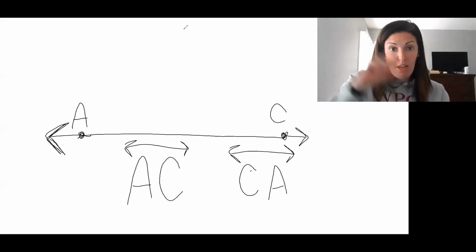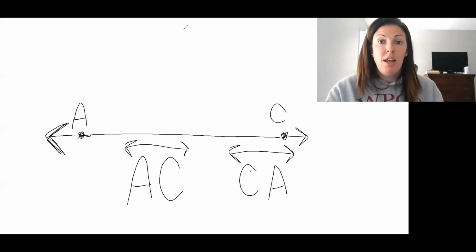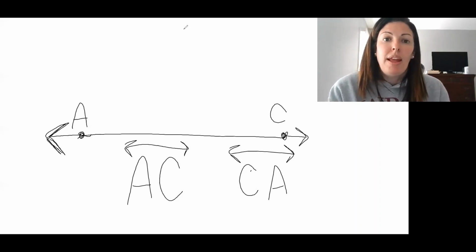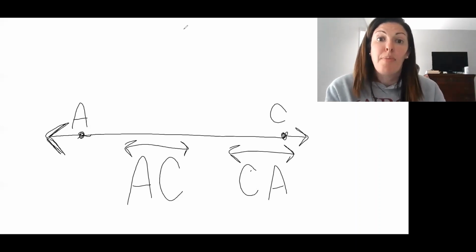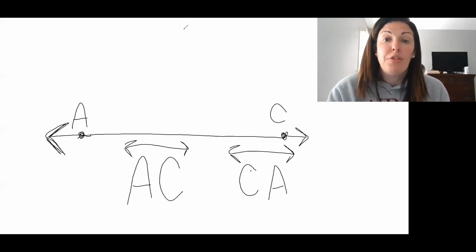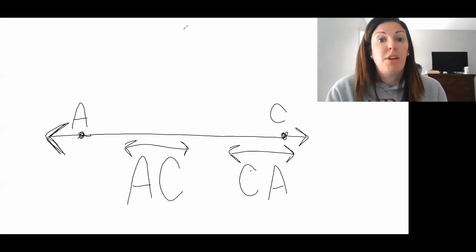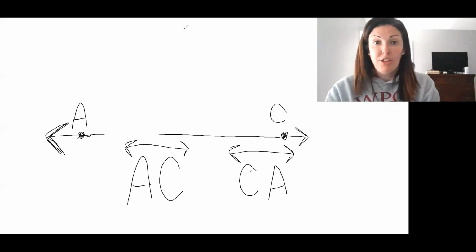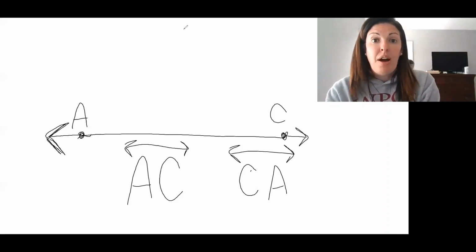It's just matching terms with what they mean. And I want you to practice on your own. And then if you do it, you can either send it to me on Class Dojo, or you can email it to me, and I can check it and get back to you.